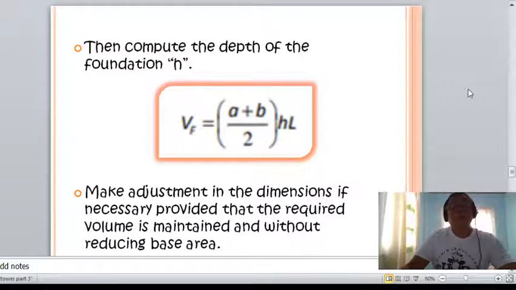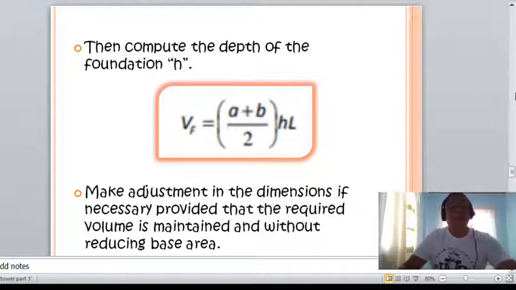Then compute the depth or the height of the foundation. The volume of the foundation is equal to (A plus B), the lengths of the upper and lower base, divided by 2 to determine the average, multiplied by the height of the foundation, multiplied by the length.